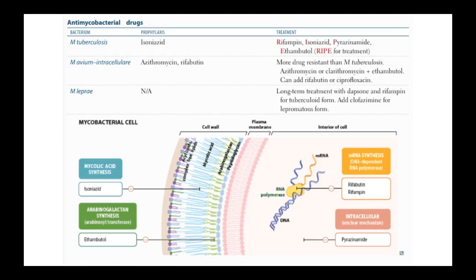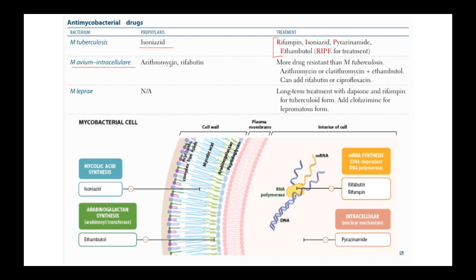Okay, so now on to treatment. This is also out of First Aid. We have different treatments for different mycobacteria. For example, with tuberculosis, you can use isoniazid for prophylaxis and then RIPE therapy for actual treatment.